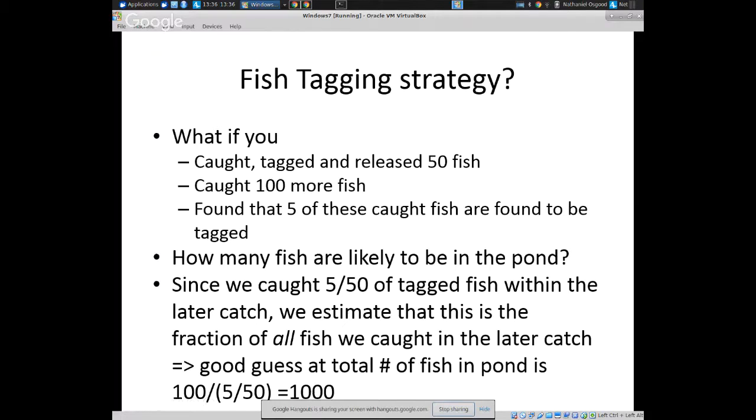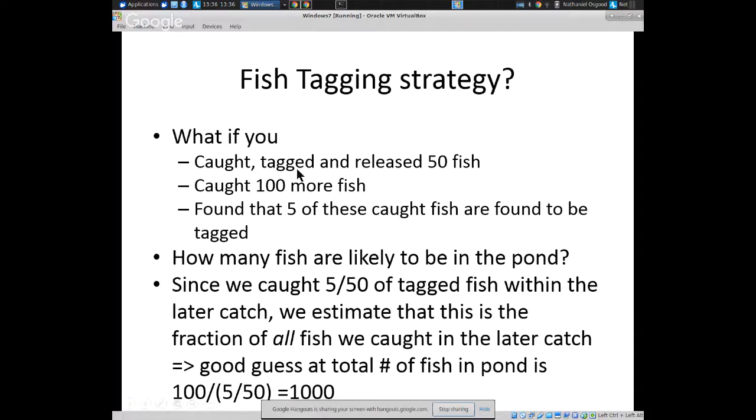Does that make sense? Look, if you caught all 50 of your original fish by catching those 100, there's probably not many fish in the pond. You may have caught all of them now. These 100 may be all of them. On the other hand, if you caught these and only 1 out of your original 50 was in there, there's probably a lot out there, right?